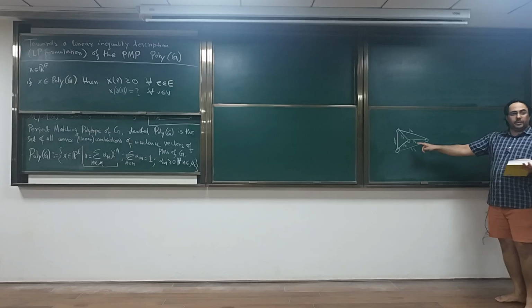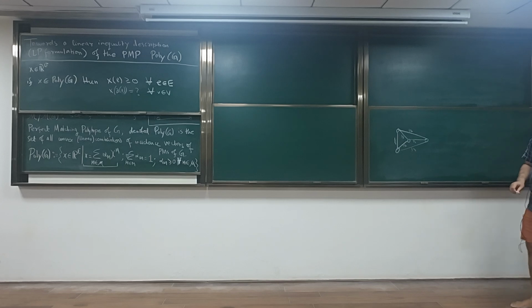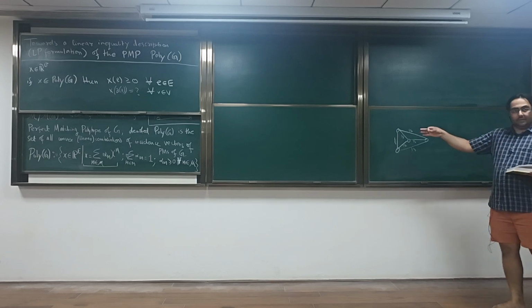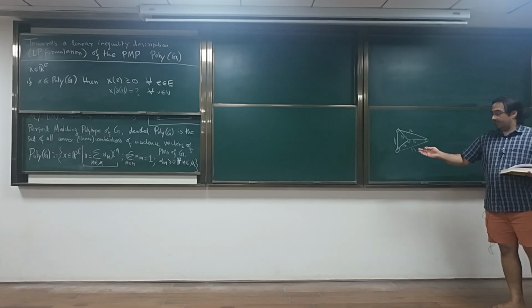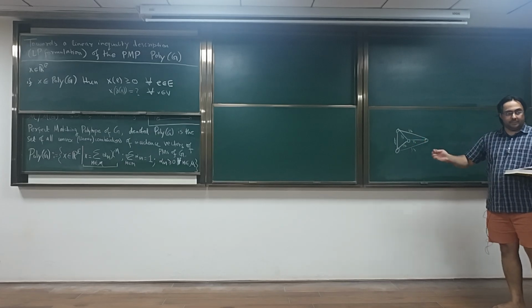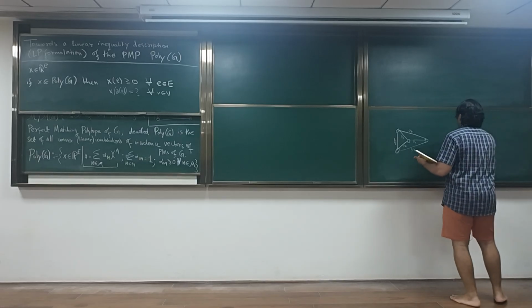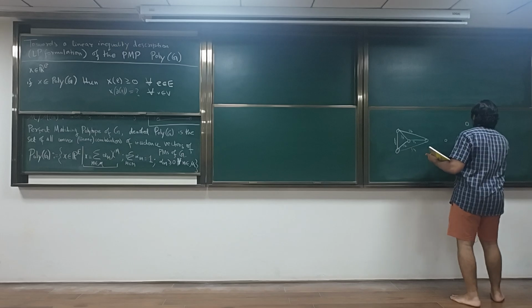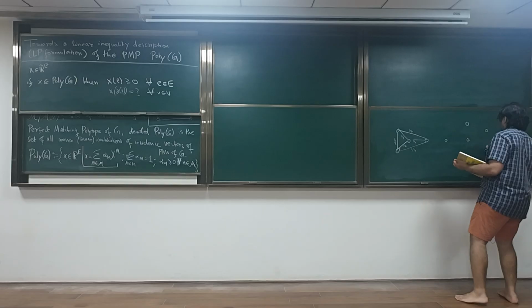Check if this is in the perfect matching polytope corresponding to this graph K4. If it is in the polytope, you should be able to write it as a convex combination of perfect matchings. There are only so many perfect matchings in this graph. And I'll give you one more example. I'll draw K33, but in this way.